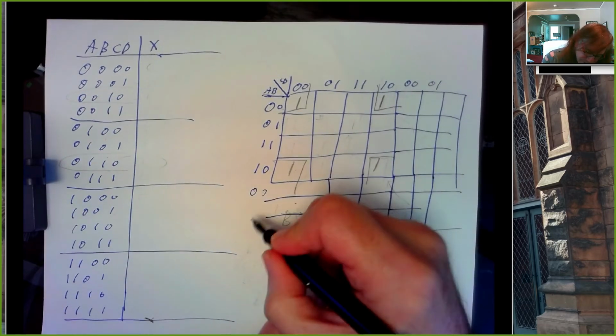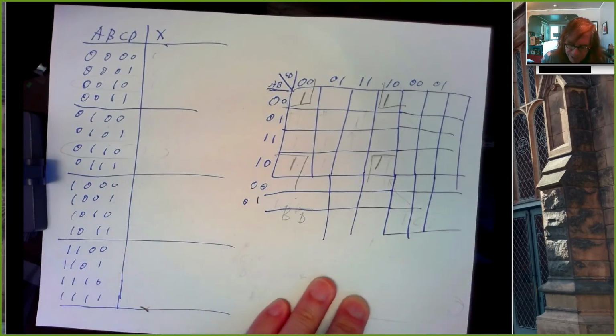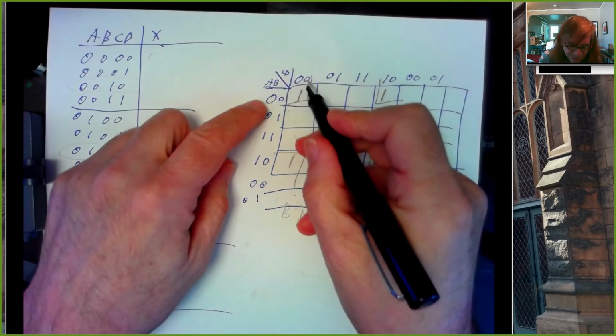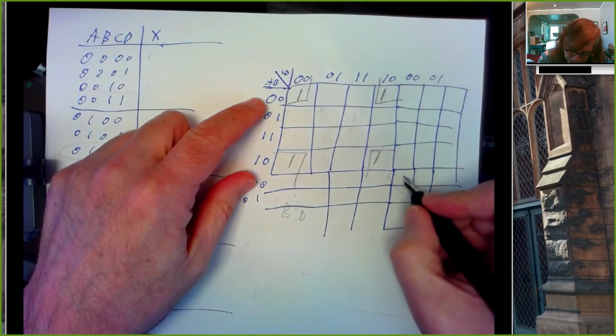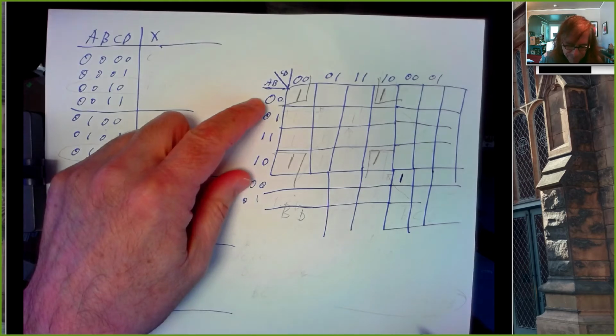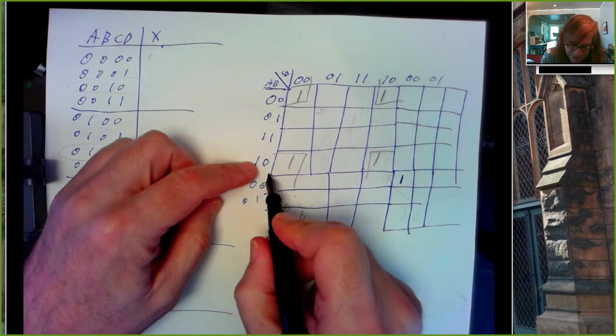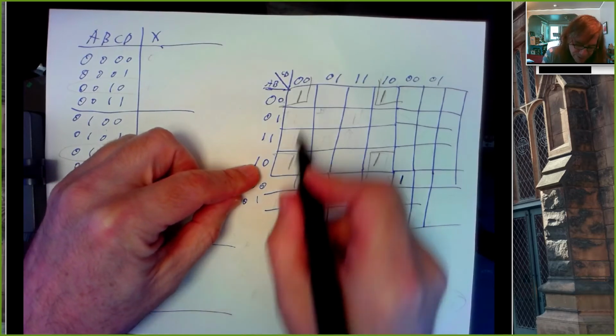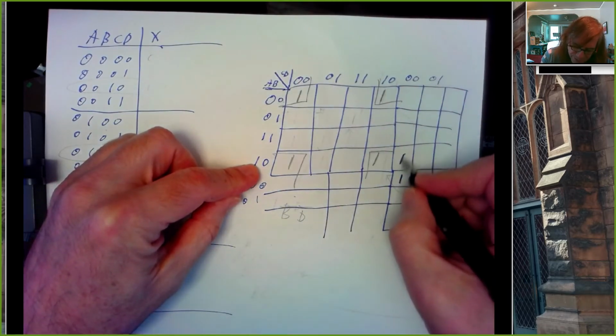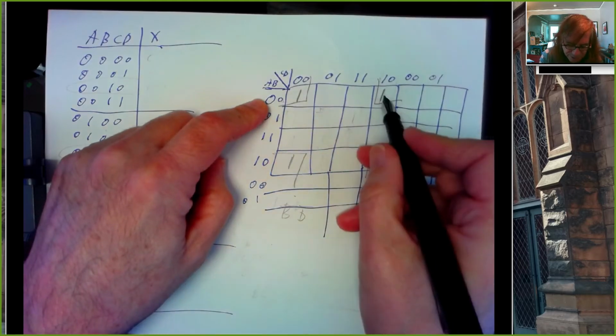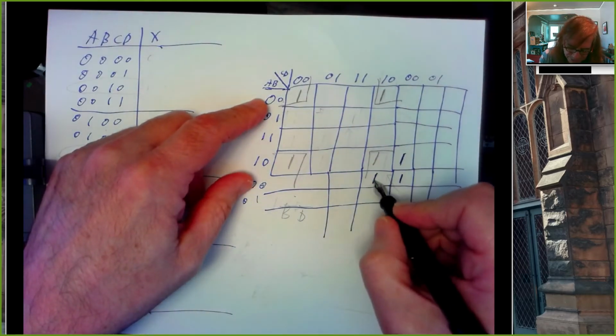And this would be 0, 0, and 0, 1, and so on. So 0, 0, 0, 0, well, that's also right here. That's the same square as that. And 1, 0, 0, 0, that's the same square as that. And 0, 0, 1, 0, that's the same square as this.